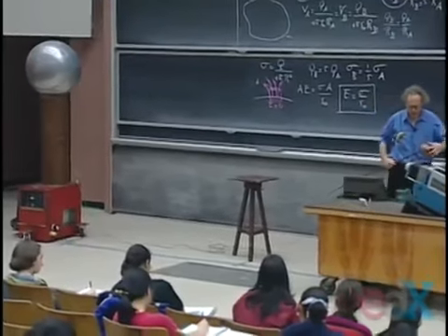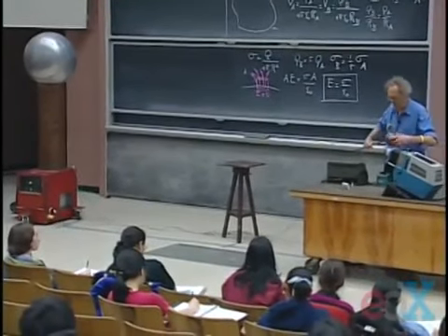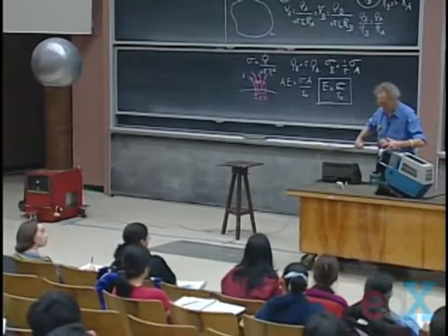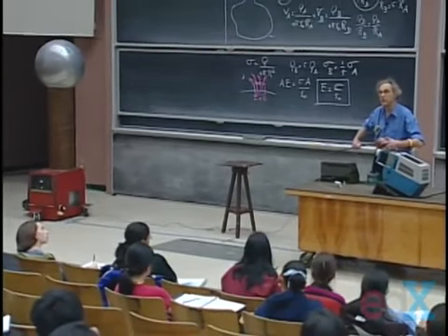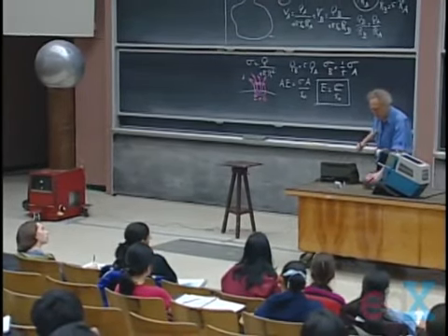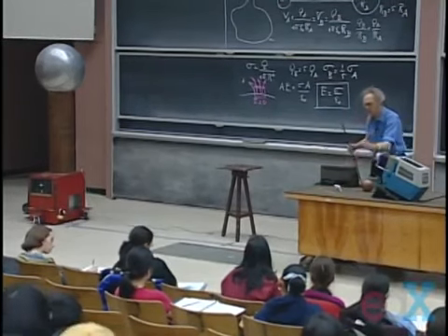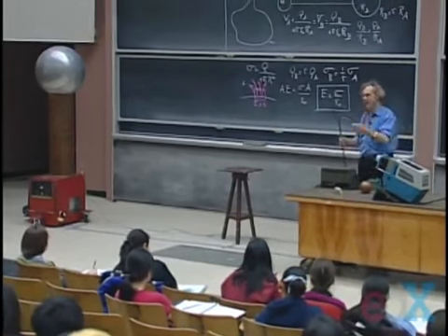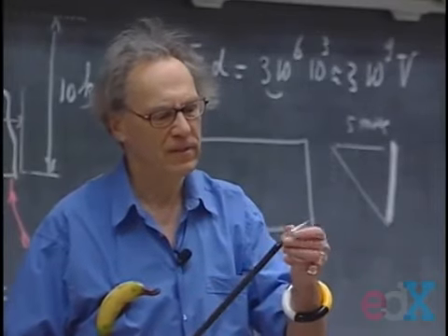What I will do now is I would like you to experience, although it may not be so fascinating for you, a corona discharge between a very sharp point that I have here, extremely sharp, and the Van de Graaff.